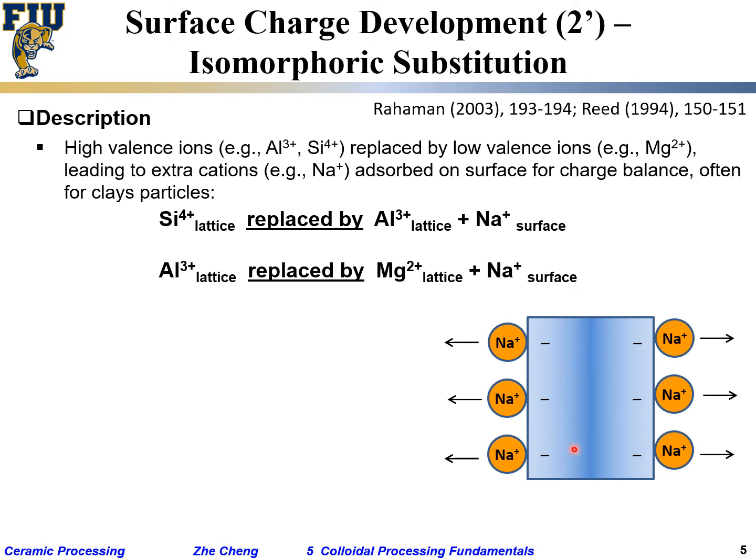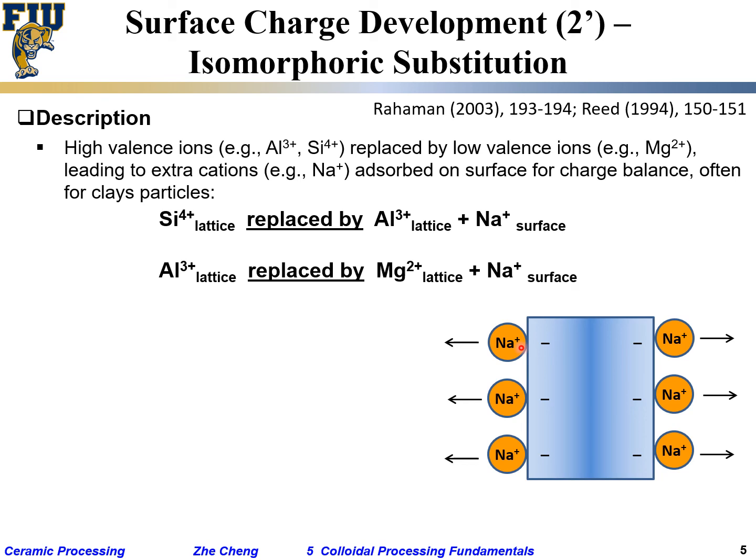So this is what it roughly looks like. A clay particle, initially with sodium attached on the surface. Why is sodium attached on the surface? Because within the clay, some of the high valence cation is replaced by low valence cation. And then when we put this clay particle into the water, naturally the sodium gets dissolved away.